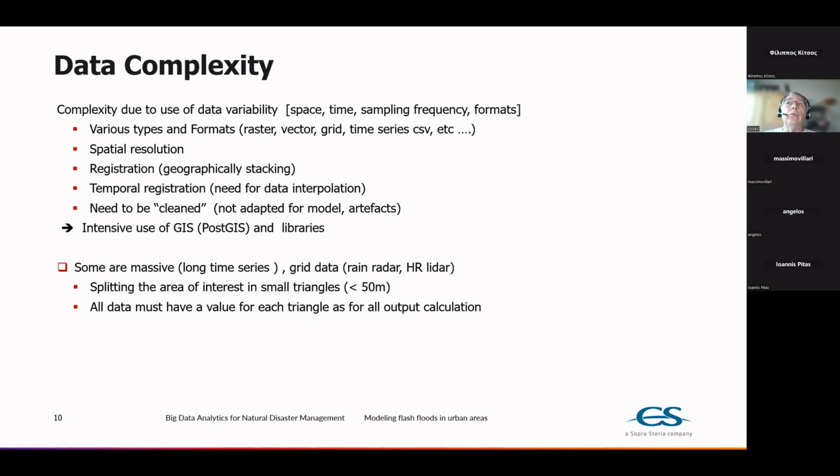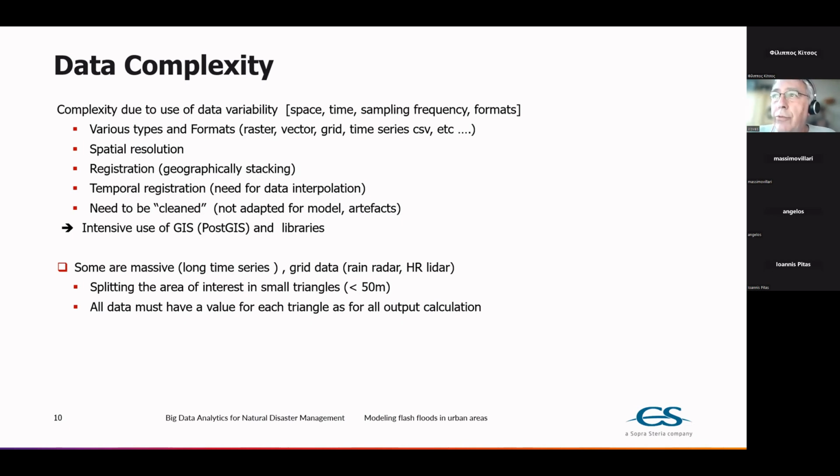Another point about complexity is what we call massive data, because for some of the data we have very long time series or very massive grid data, like the rain radar. For example, the rain radar gives one value for each 500-meter square, covering a circle of about 500 kilometers.